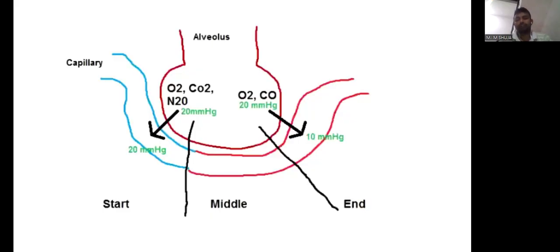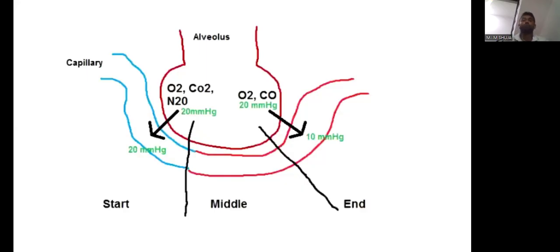Usually the blood stays inside the pulmonary vessel for 0.8 seconds or 0.75 seconds to reach the full distance. But for carbon dioxide, nitrous oxide and oxygen in the normal condition, they get exchanged or saturated by the one third of the distance which your red blood cell is supposed to travel.